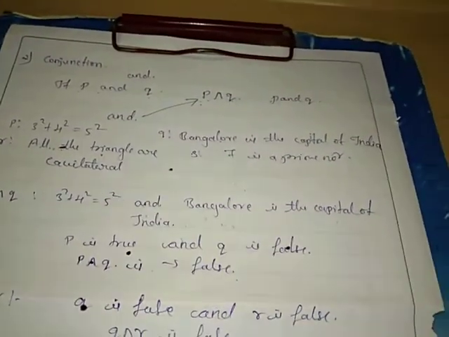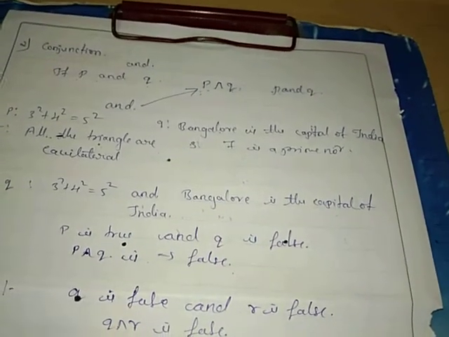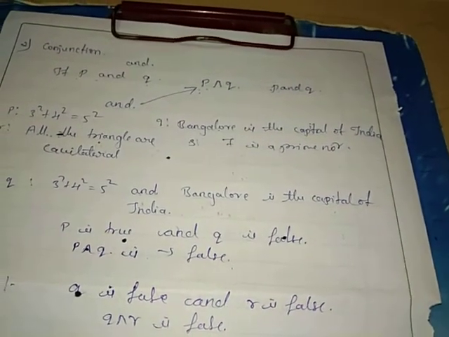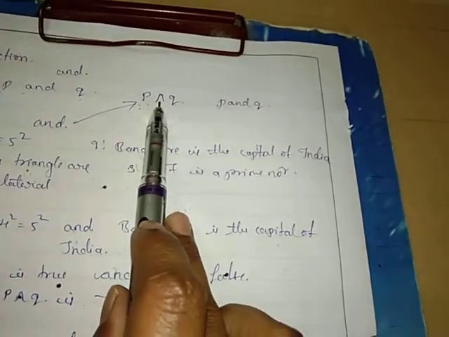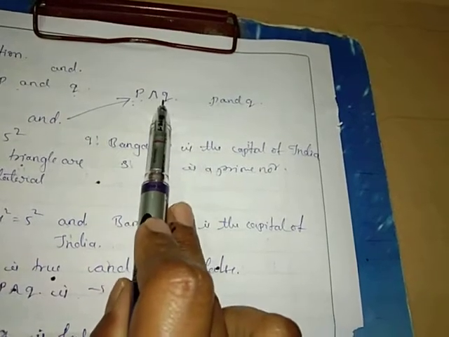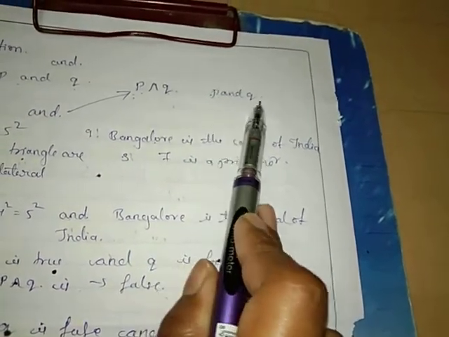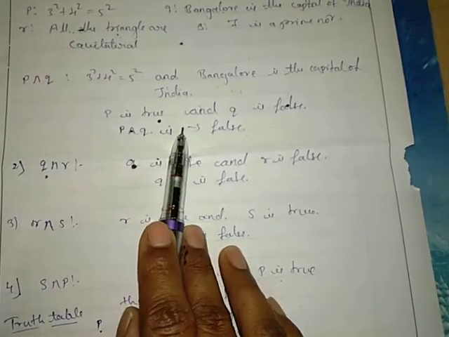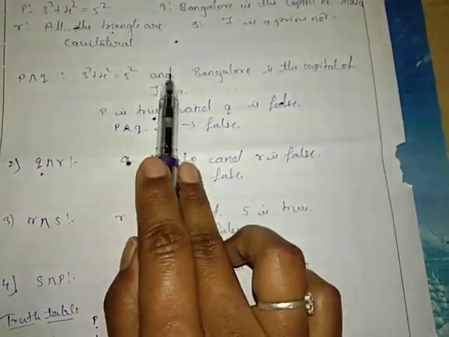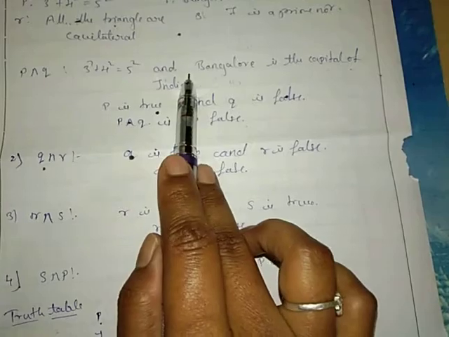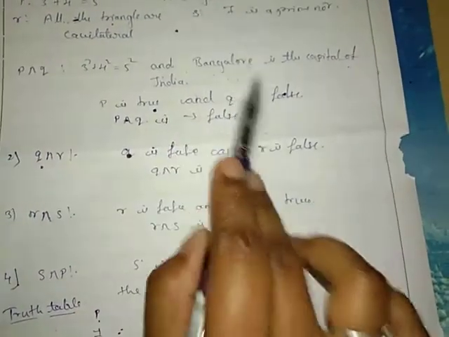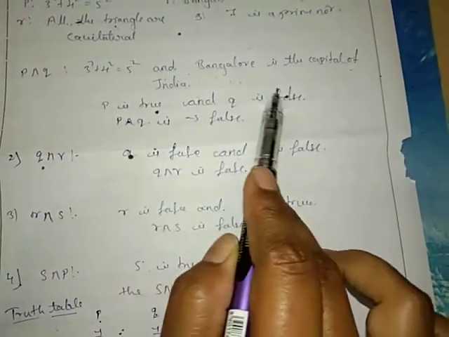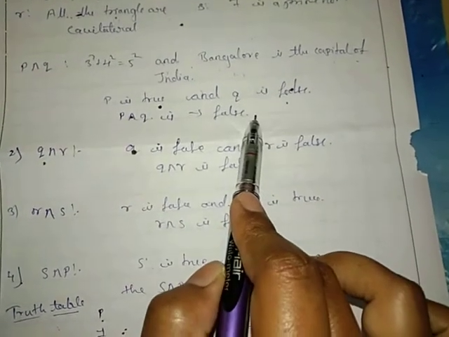That is how to write the compound proposition by the connective "and", and we indicate it by the symbol ∧, and we read it as P and Q. Here some examples to find the truth value of the proposition. 3 square plus 4 square equal to 5 square and Bangalore is the capital of India. Here P is true and Q is false. If P is true, Q is false, P and Q is false.